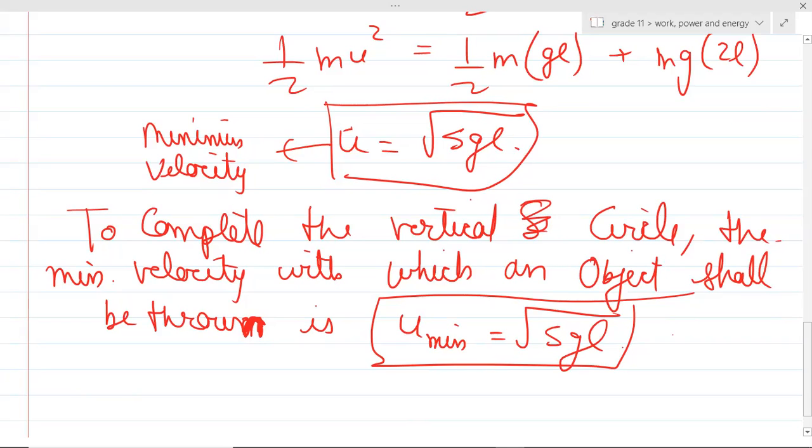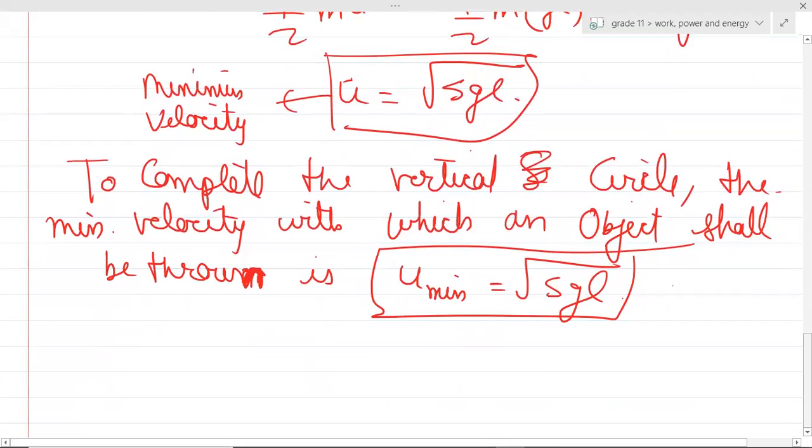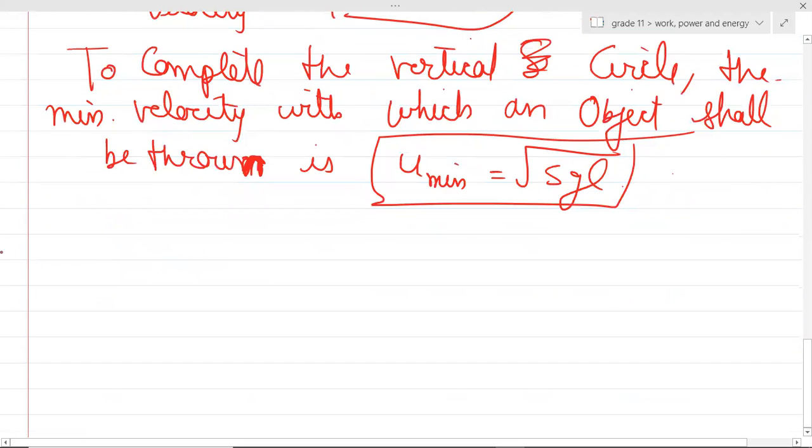Chali, after this, acha, what if I replace the string with a light rod?